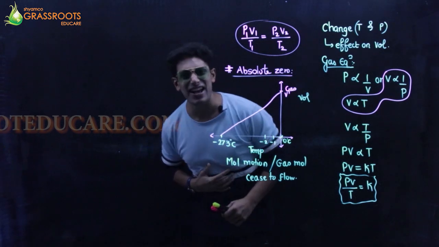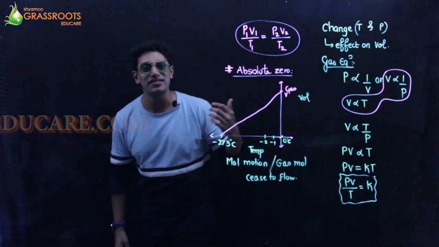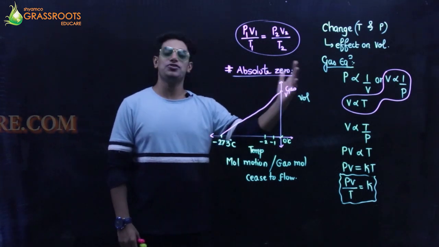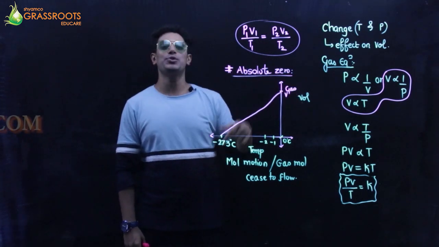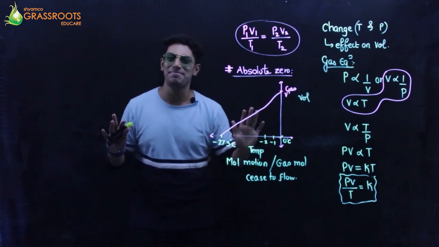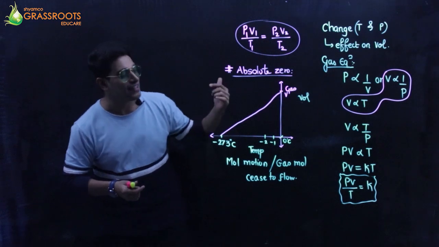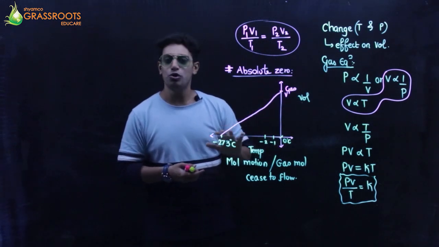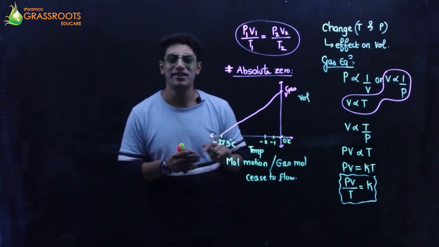Guys, that's difficult to digest. I can say that this happens at absolute zero. What is this absolute? Complete. It's over. It's not less than that. So I can say at this temperature, the molecular motion stops, volume becomes almost zero, right?